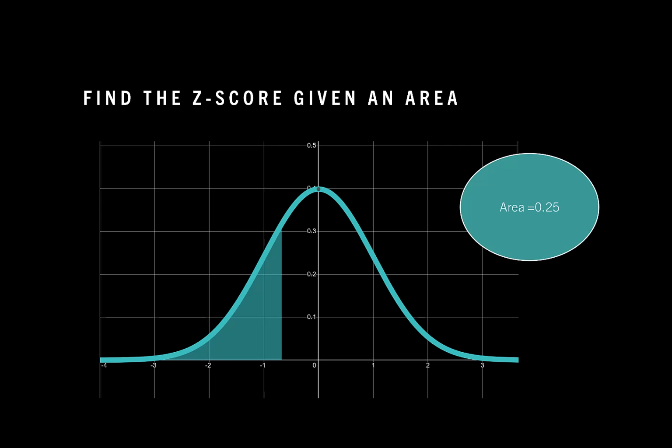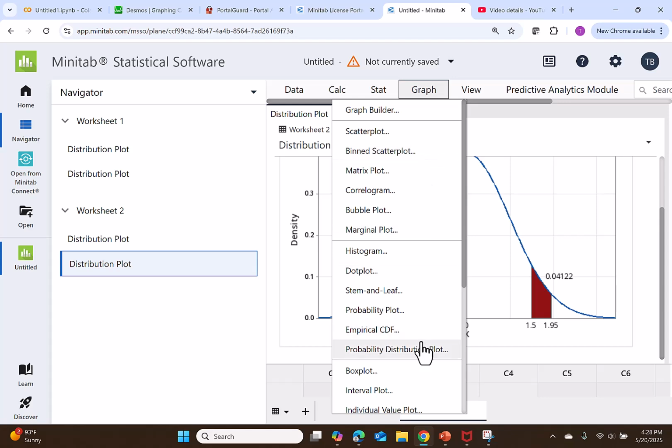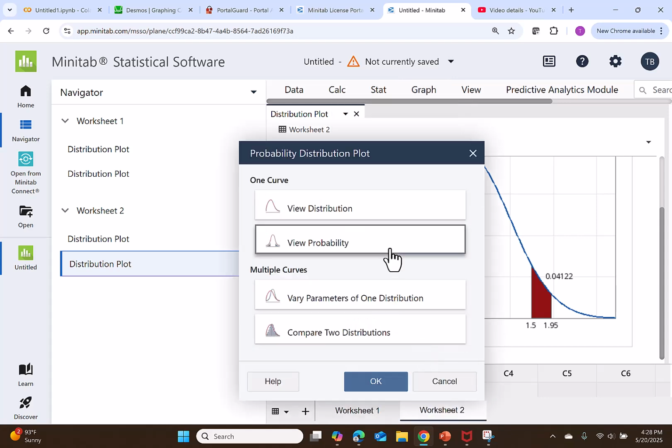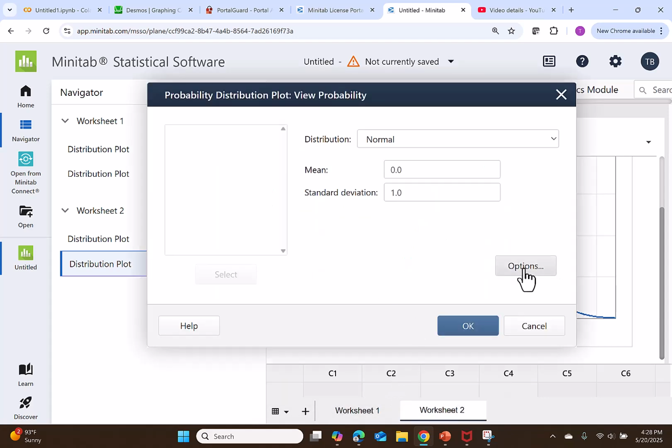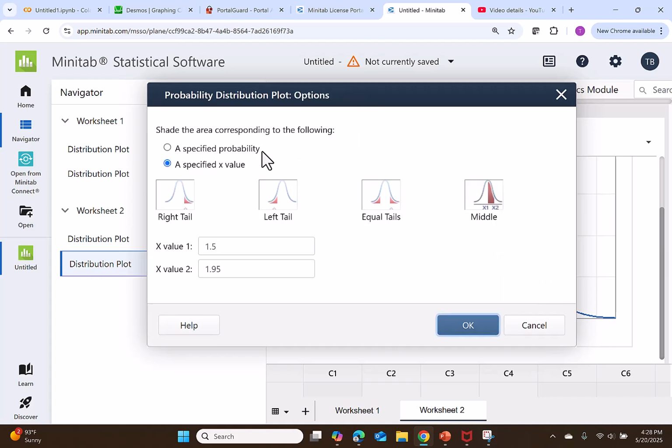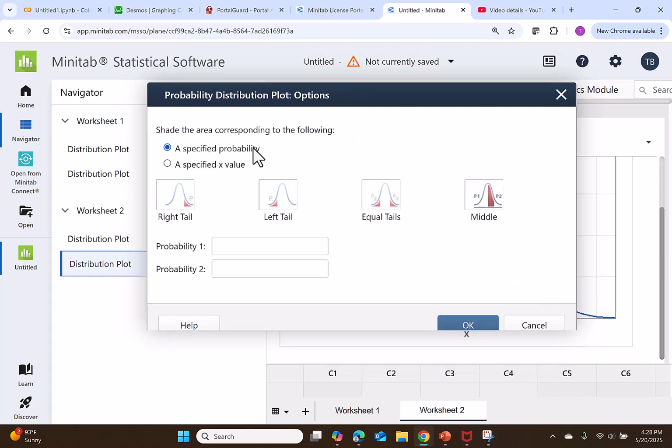Now let's try finding a z-score given an area. Just like we did when we found probabilities, it's important to note the direction of the shading. This shading goes to the left. So graph, probability distribution plot, view probability. In the options, this time we're looking for a specified probability. We are going to the left.